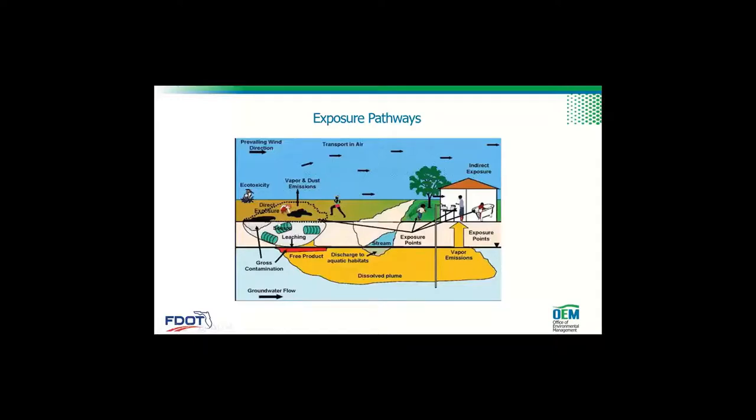We don't want to dig up any soil that's contaminated and move it somewhere else and cause a problem there. Alternatively, we don't want to de-water a contaminated groundwater plume and not treat it and discharge it to some surface water somewhere else.